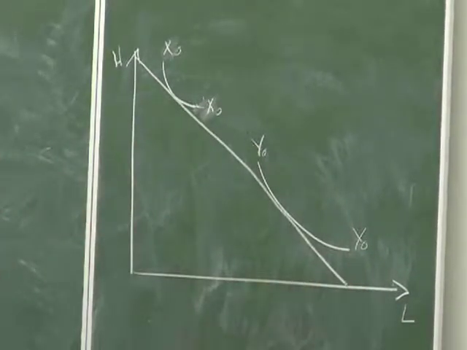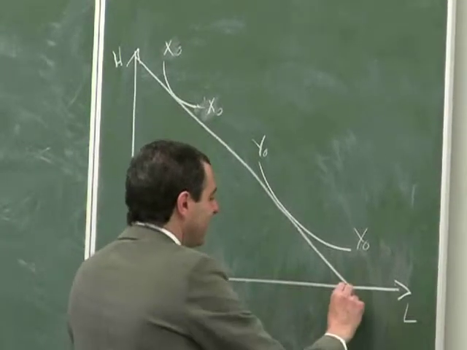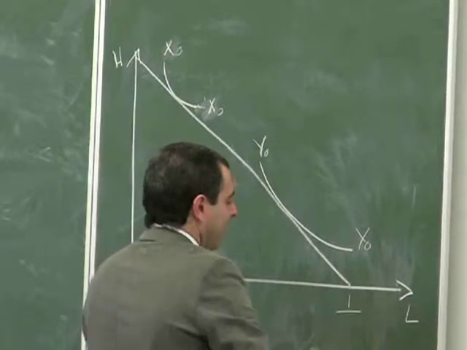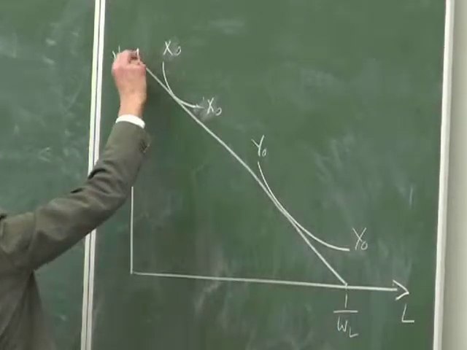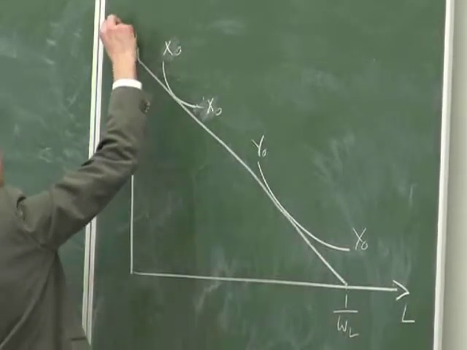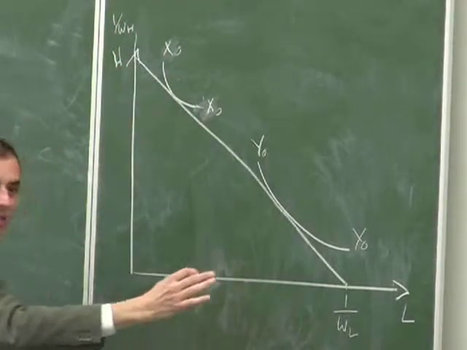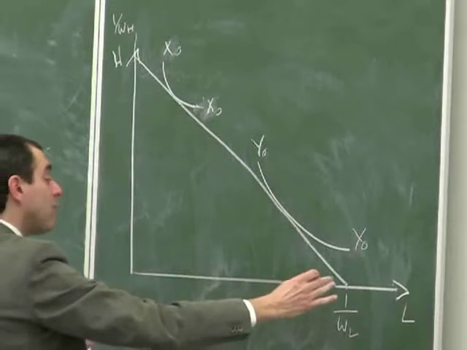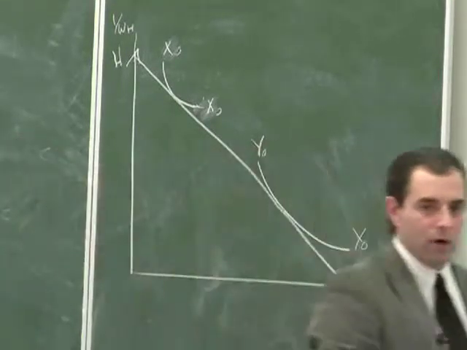This intersection is basically 1 over WL, and this intersection here is 1 over WH. Anything that brings this closer to the origin corresponds to a higher WL, higher WH.